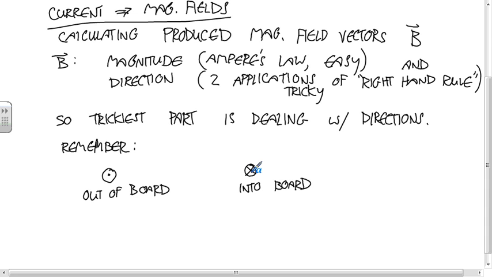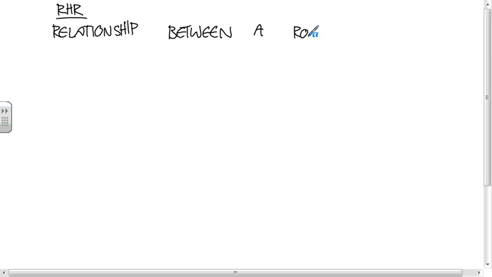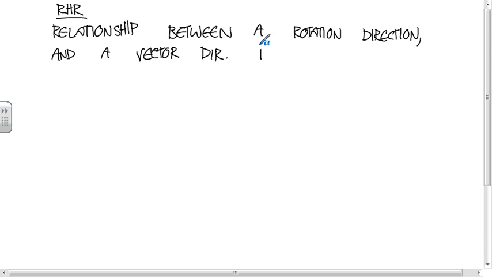All right, and now the right-hand rule. The right-hand rule is a relationship between a rotation direction and a vector direction that's perpendicular to the rotation.